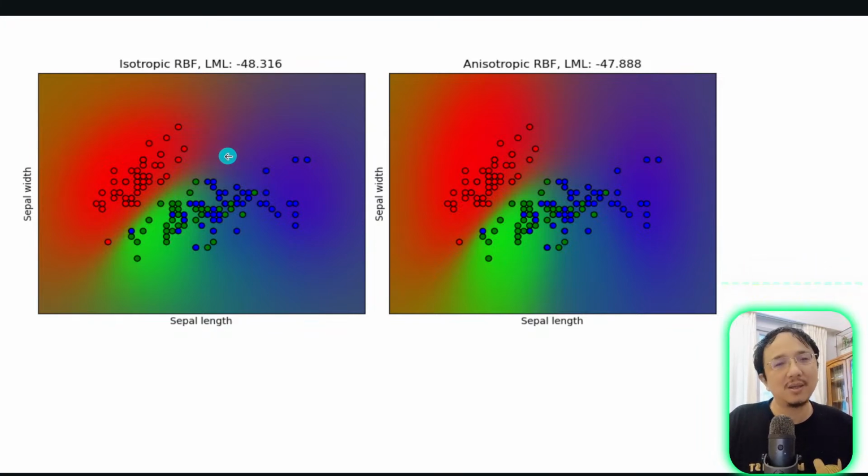But of course, if it is closer to the red samples, it will become redder, more red. If it is close to more green samples, it will become more green, and so on. So it will become a very natural way to do the classification.